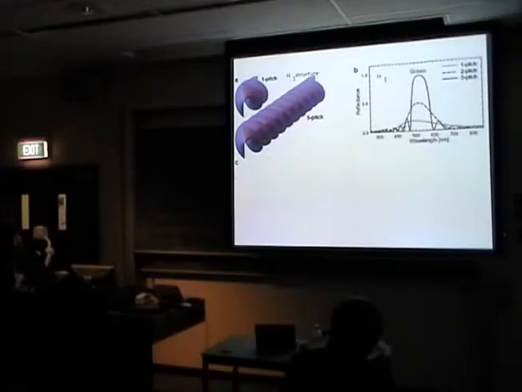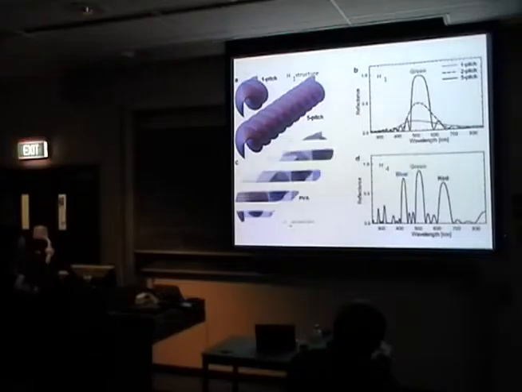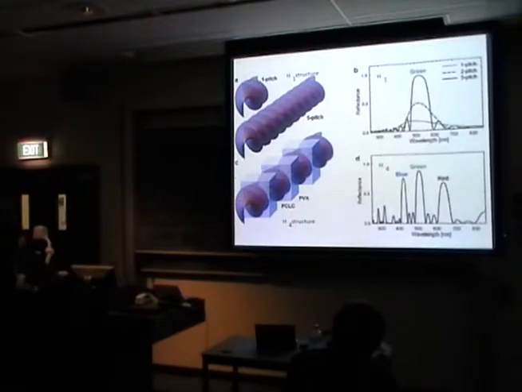Then with increasing thickness, the stop band or the photonic band becomes sharp and strong. So this is the result. We can make a blue, green, red multi-band structure by using this kind of structure.